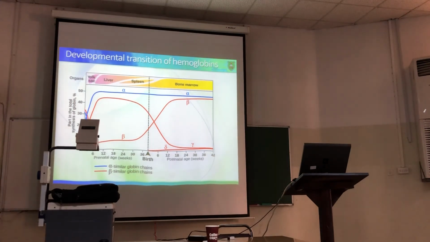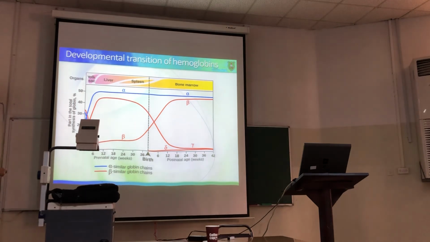So in the embryonic stage, you have a hemoglobin molecule that is made of these 2 chains, 2 zeta and 2 epsilon chains. Notice that simultaneously, you also have expression of alpha, and the other one is gamma. In the fetal stage, you have production of alpha and gamma.